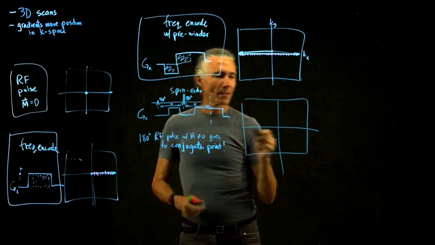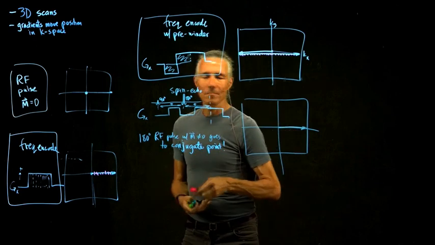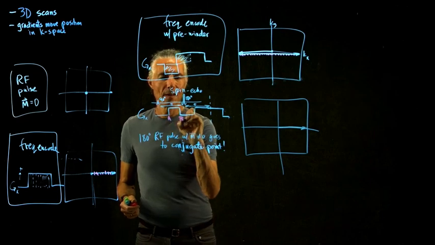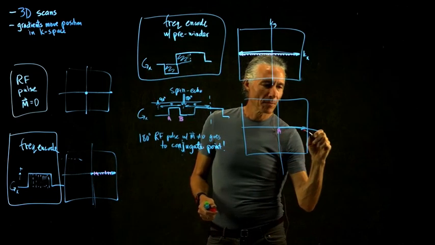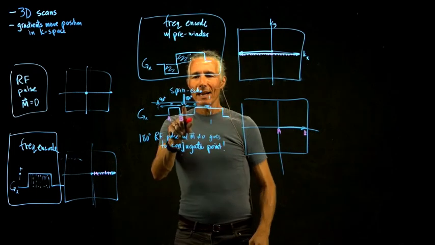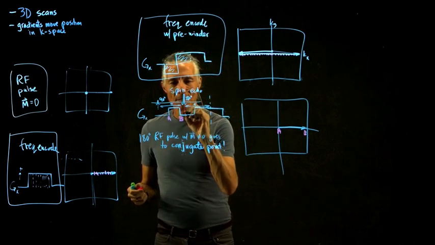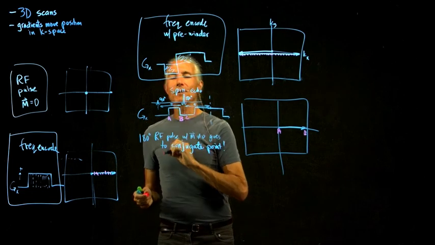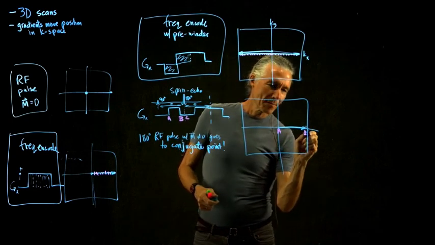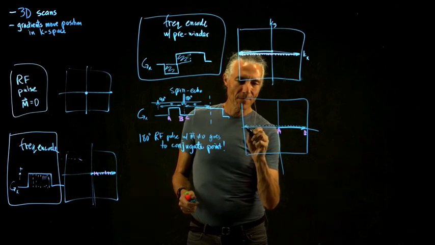That moves us to this part of K-space, so here's point A, there's point B. Then we do a 180, and there's point C after the 180. What does the 180 do? It flips us to the conjugate point, and that means that we go over. That dotted one was from the RF.